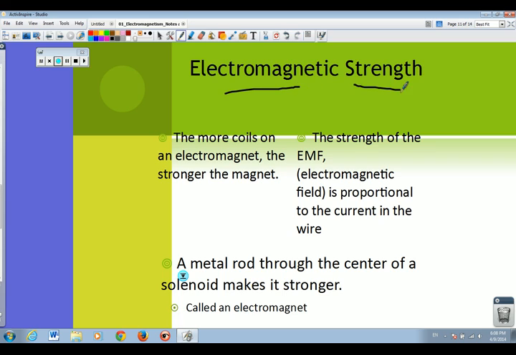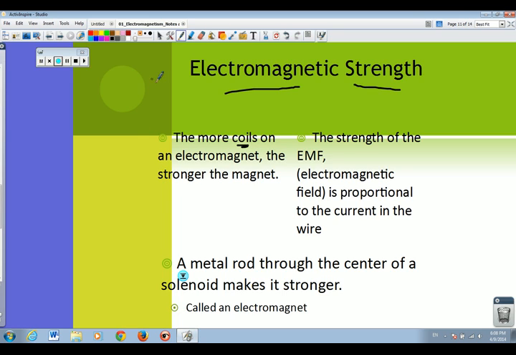For electromagnet strength, there are a couple of things you probably need. You need coils. Why? It's kind of the equivalent of those electric field lines and magnetic field lines. The more coils you have, the closer they are together, the stronger it gets.